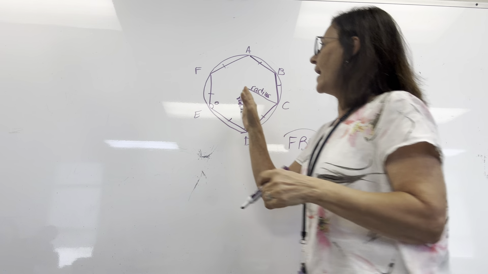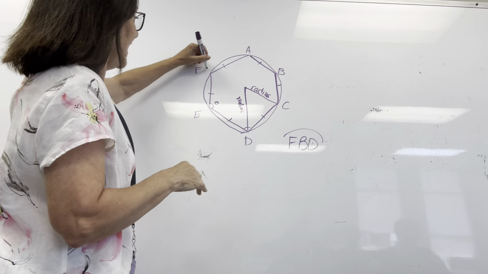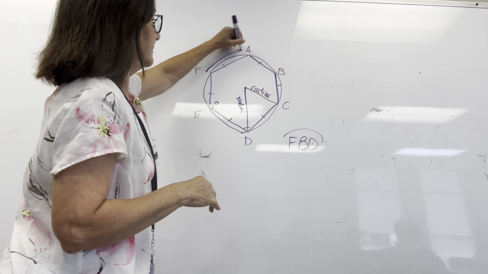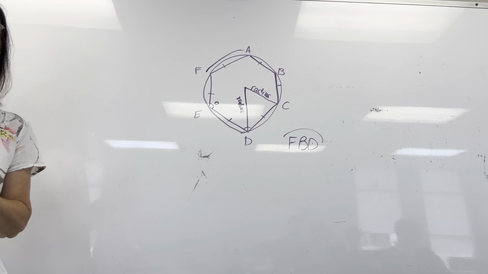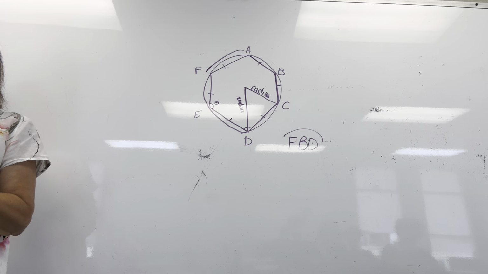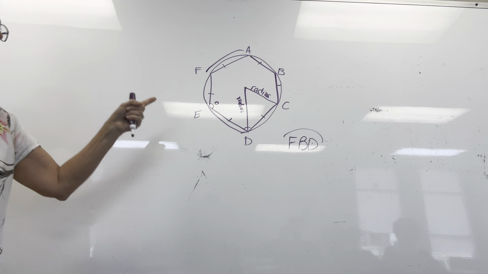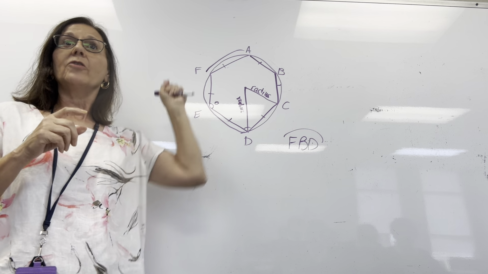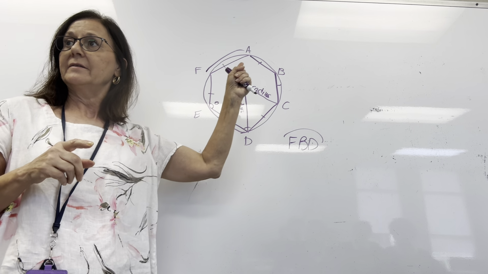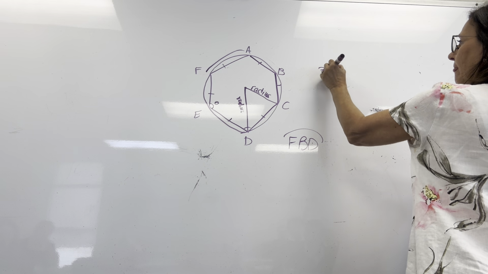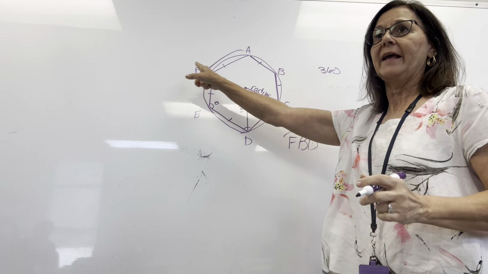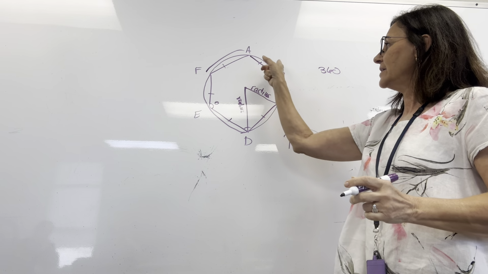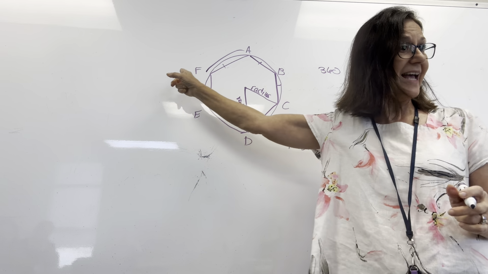So help me figure out the measure of FA. How would I figure out the measure of FA? Equal chords have equal arcs. All the way around is how many degrees? 360 all the way around. How many equal arcs do we have? 6. 1, 2, 3, 4, 5, 6.